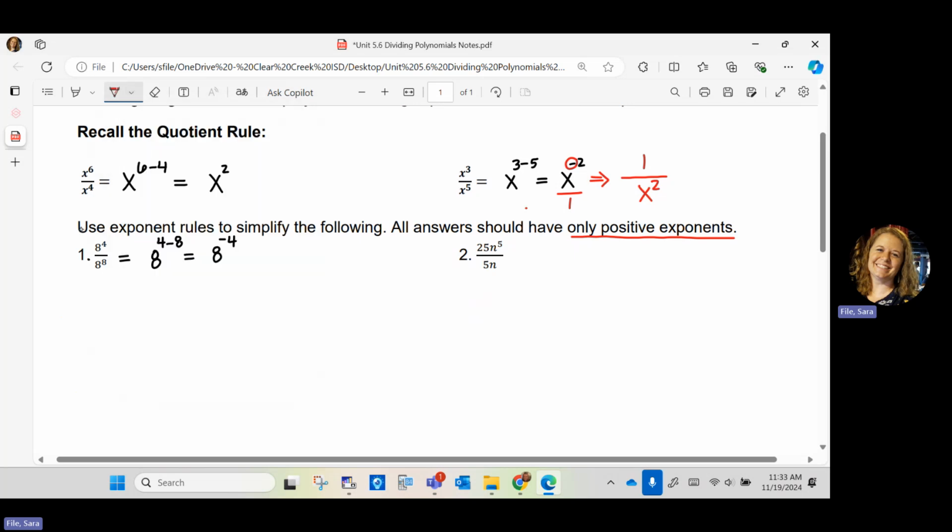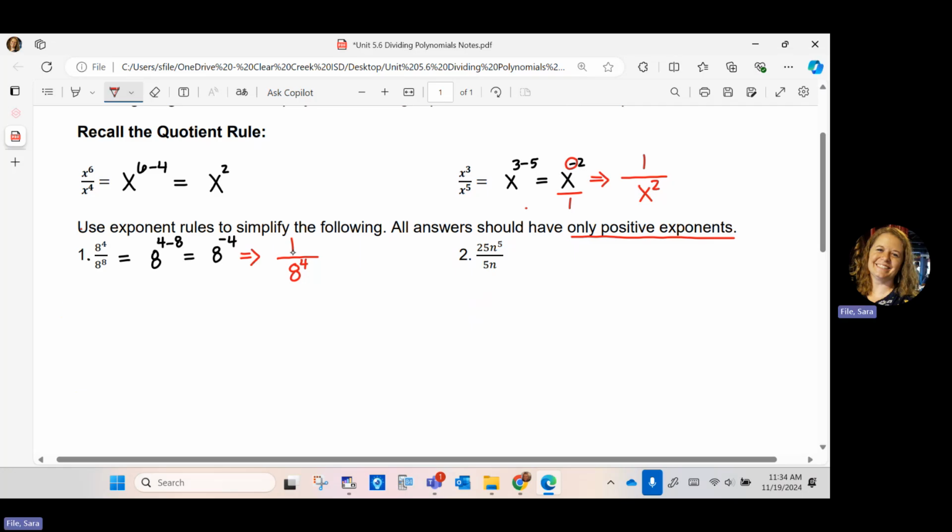So I'm going to rewrite this. The base is now going to be in the denominator, and that -4 power becomes +4. There's no coefficient or other variable, so it's an understood 1 in the numerator.